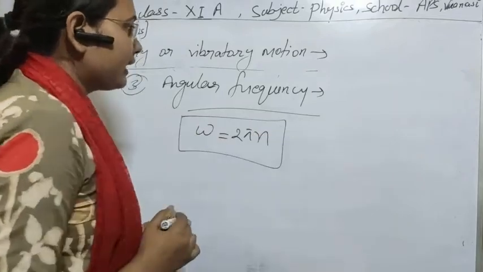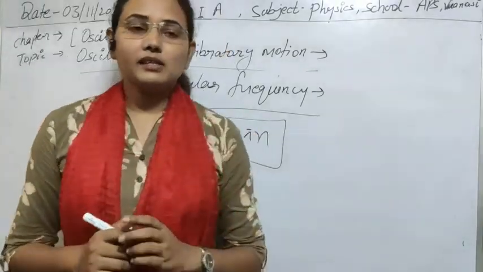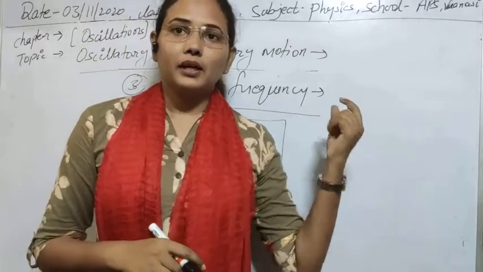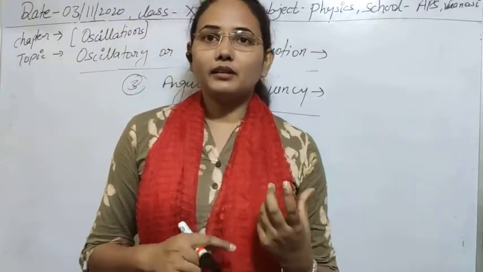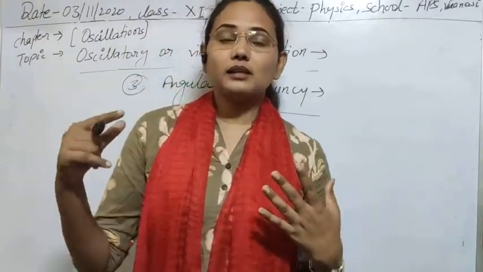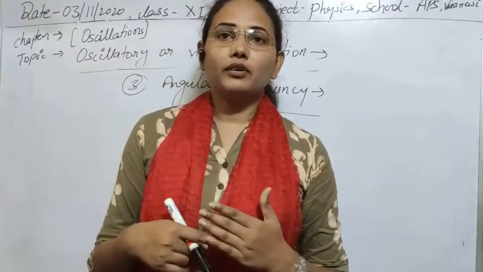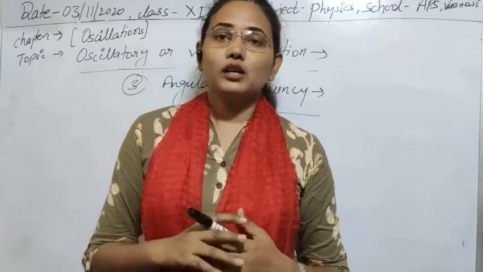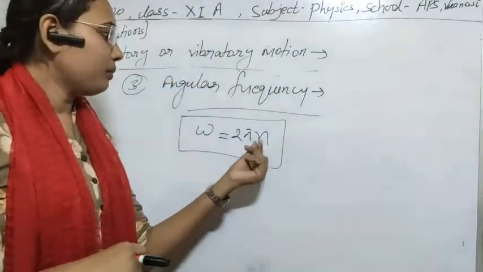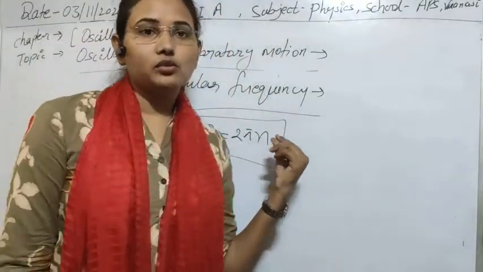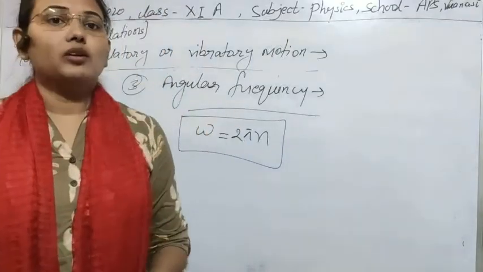As you know, the angular frequency comes into the concept when there is any rotational concept. In that case, as you know, the period of revolution is 2 pi. So if we multiply this 2 pi by the frequency, then this is known as the angular frequency of the oscillation.